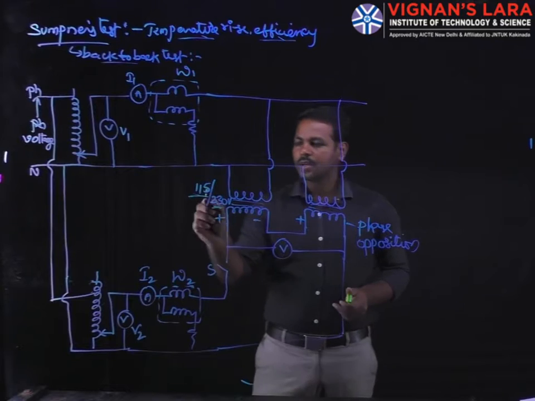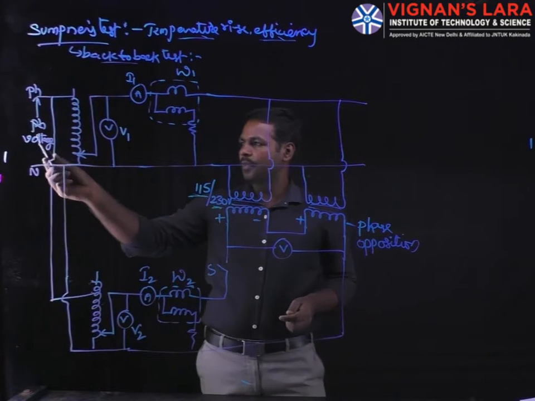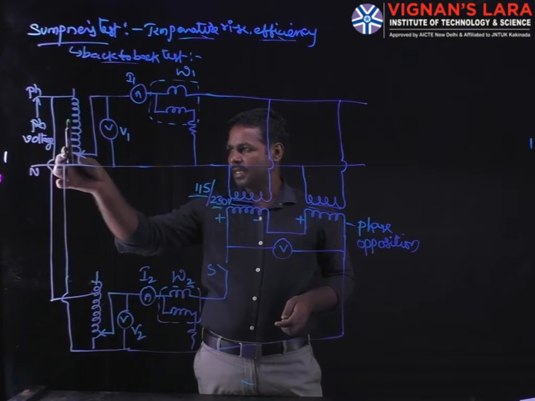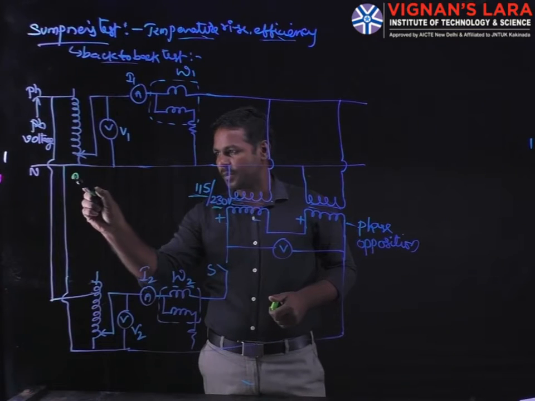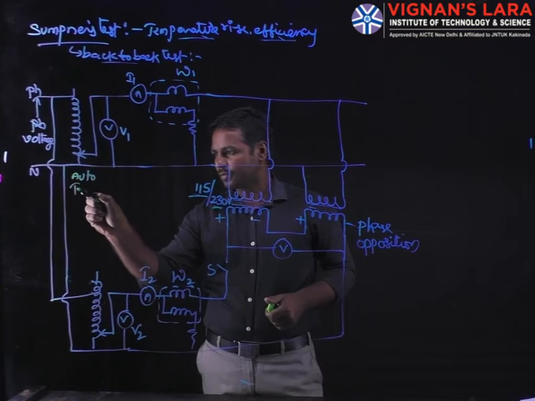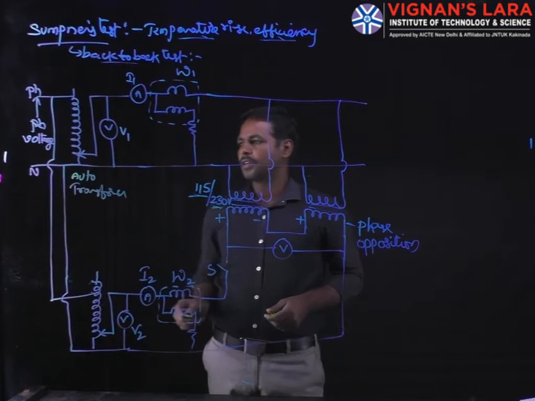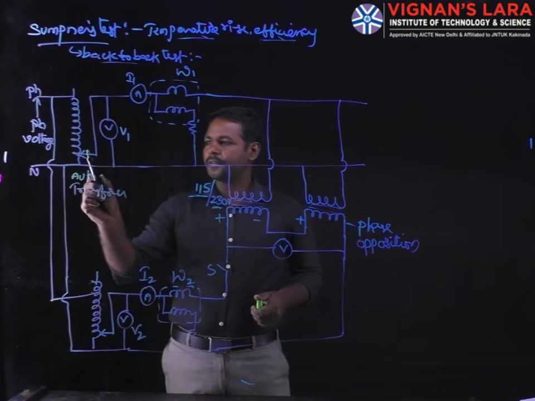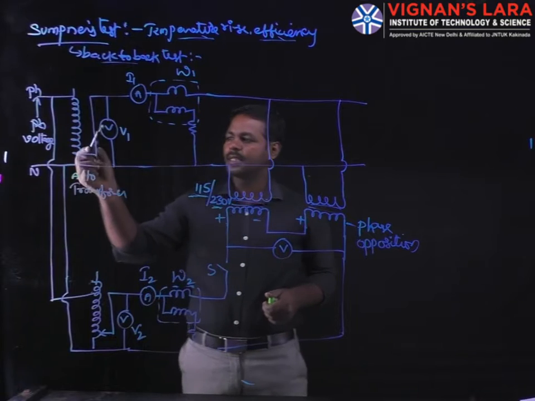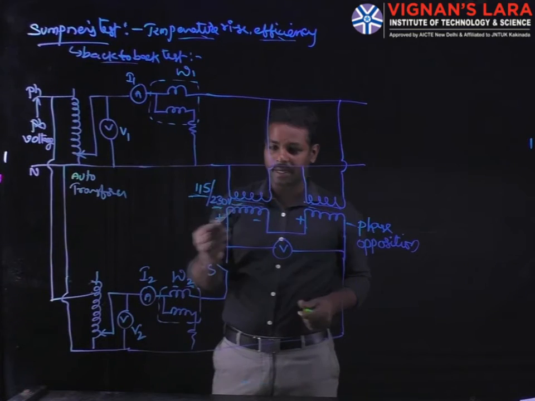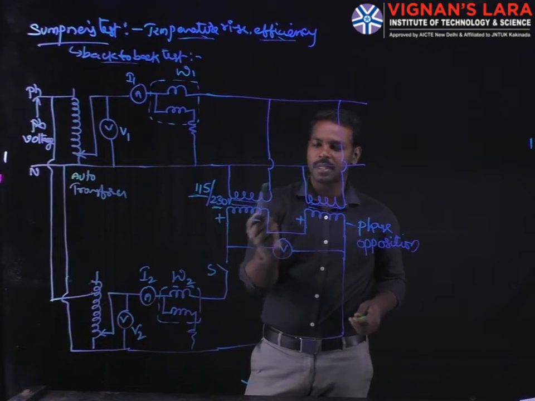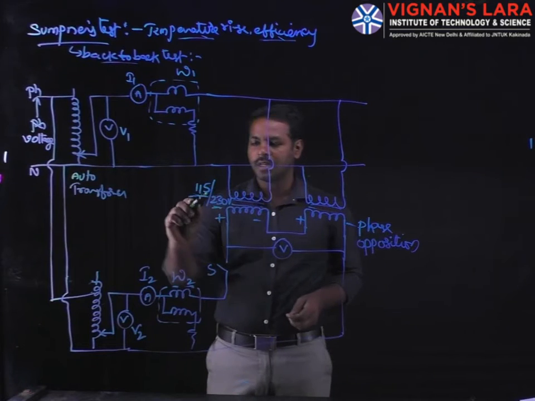When we apply the supply voltage across the auto transformer, by varying the auto transformer we can increase the voltage from 0 to 270, but the primaries of both the transformers are rated at 115.